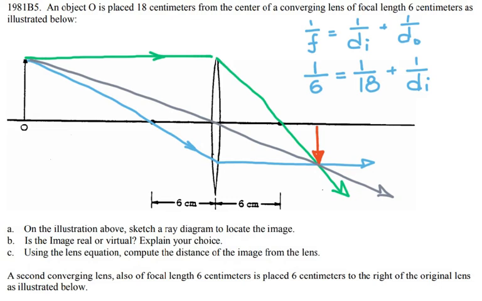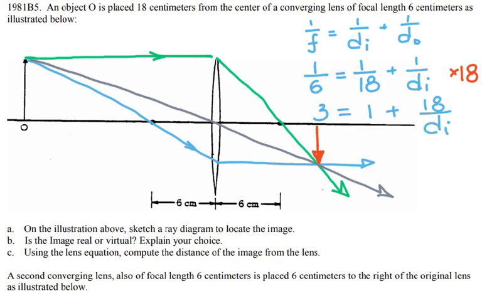I can multiply everything by 18, the common denominator in this case. That gives me 18 times 1 over 6, which is 3, equals 18 over 18, which is 1, plus 18 times 1 over di, which is 18 over di.